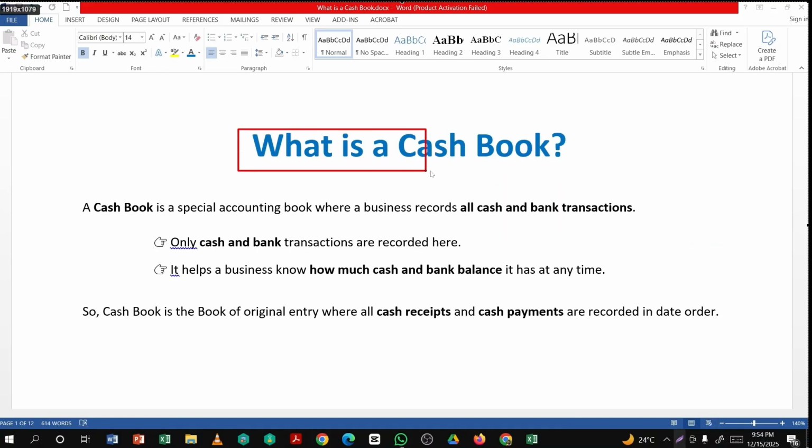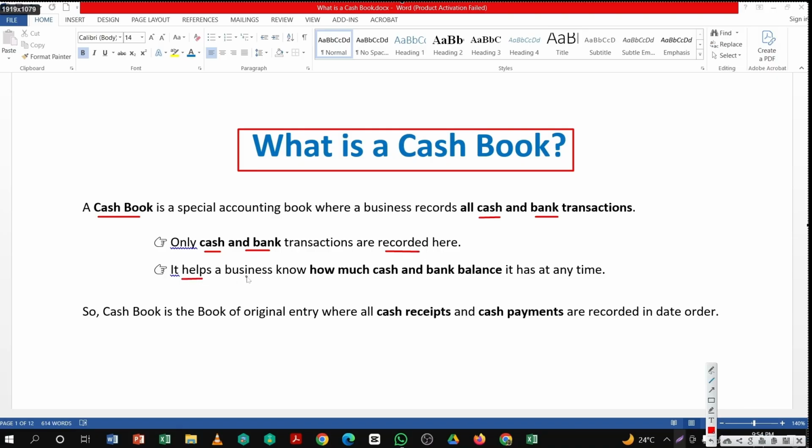Now, what is a cash book? A cash book is a special accounting book where a business records all cash and bank transactions. Only cash and bank transactions are recorded here.